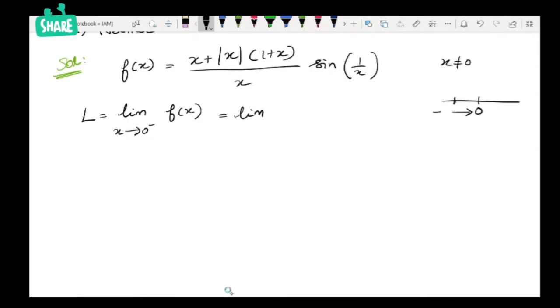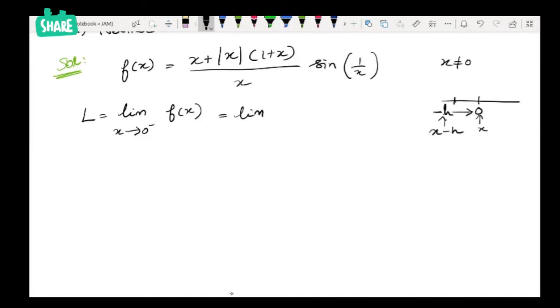So on the left side we'll be assuming minus h. It's approaching 0 from the left. So we are going to apply in the place of x, 0 minus h, which is the same as minus h.